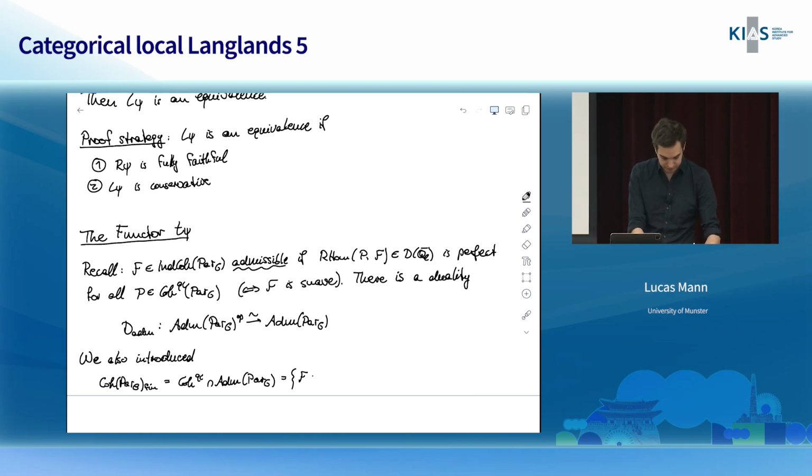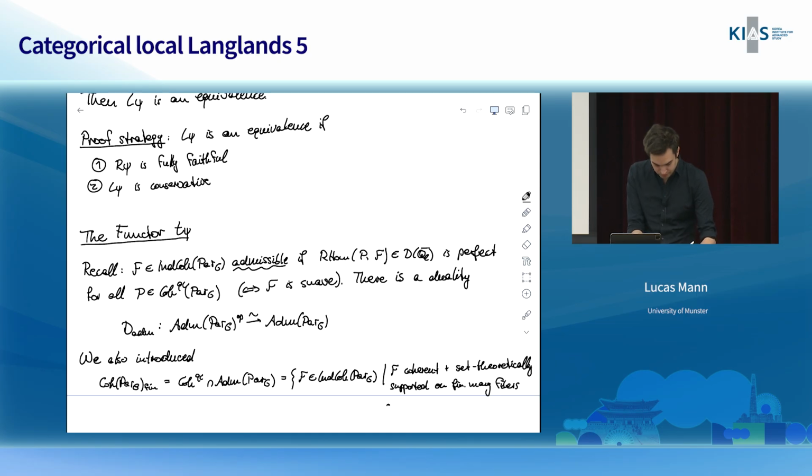This is all the sheaves in IndCoh such that F is coherent plus set-theoretically supported on finitely many fibers of this map Q, which went from Par G to the coarse moduli space, which I think we call X spec G.